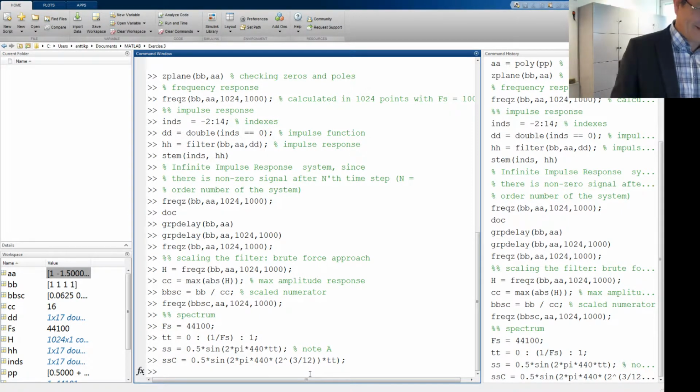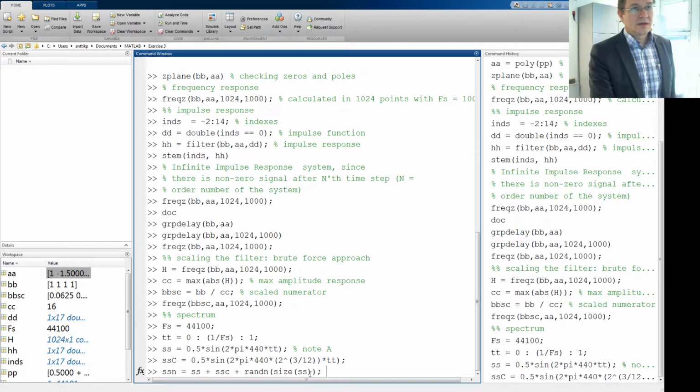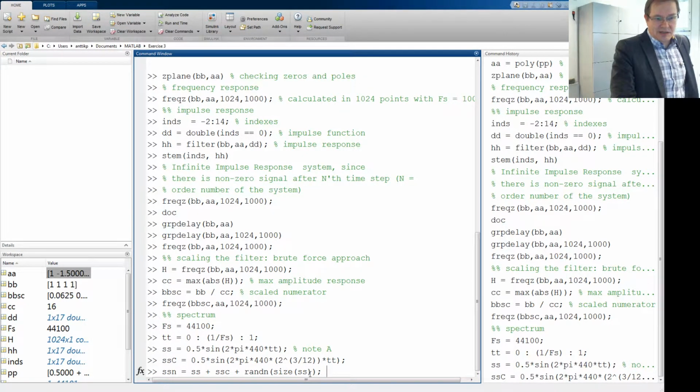So our signal will be SS plus SSC plus some noise, random numbers of the size of SS, for example, times. Well, that's quite a lot of noise, but it doesn't really matter. Let's have that lot of noise there.